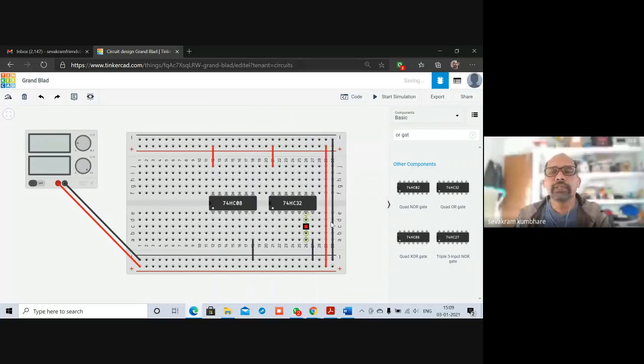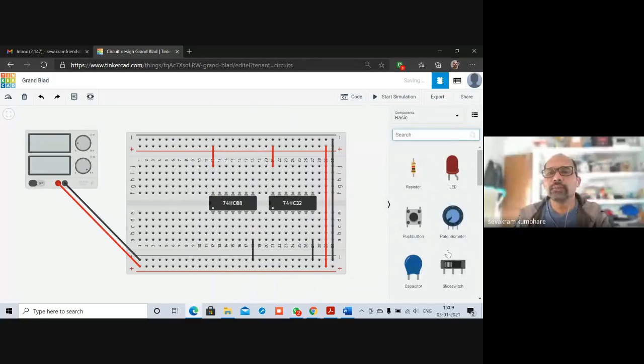Now we need a 3-input OR gate, with 3 inputs to be connected, A, B, and C. So that's why I'm taking this switch. How many switches do I need? 3 switches.